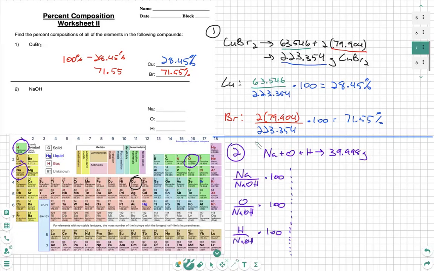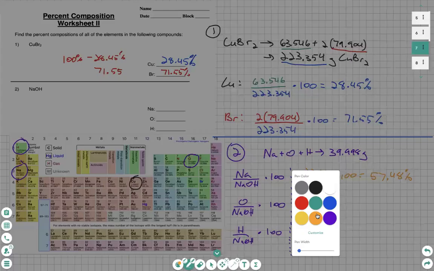Well, Na we've already found is 22.99 all over 39.998 times 100. Plugging it into our calculator gets us 57.48%. And then all we're going to do is that exact same process for the rest of them.